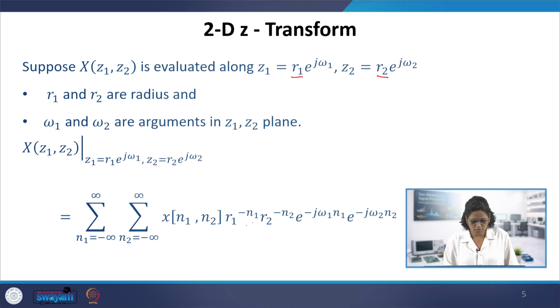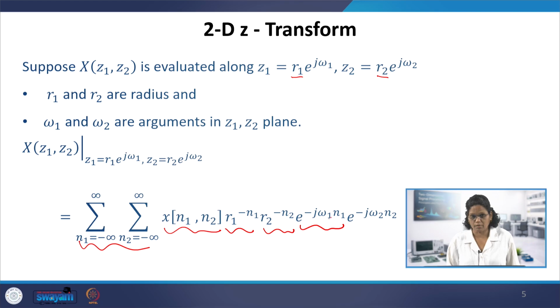So the equation now becomes x of n1, n2, with the summation varying from minus infinity to plus infinity for both n1 and n2, r1 power minus n1, r2 power minus n2, where z power minus n1 is replaced with r e power minus j omega 1 n1 and e power minus j omega 2 n2.